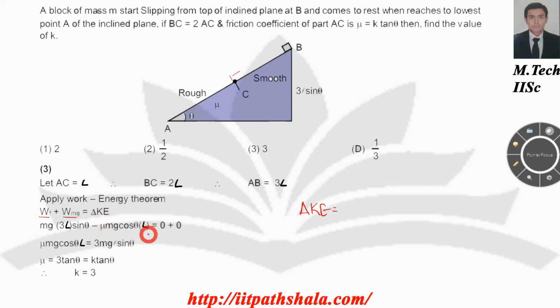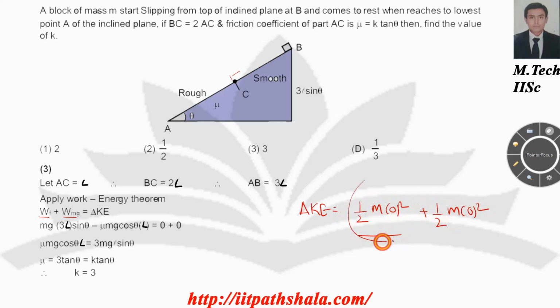And I can say that the change in kinetic energy is nothing but 0. Why 0? Because you are starting from rest and you are landing at rest. So if you are starting from rest, then 1 by 2 m 0 square, and you are landing at rest, so m 0 square.